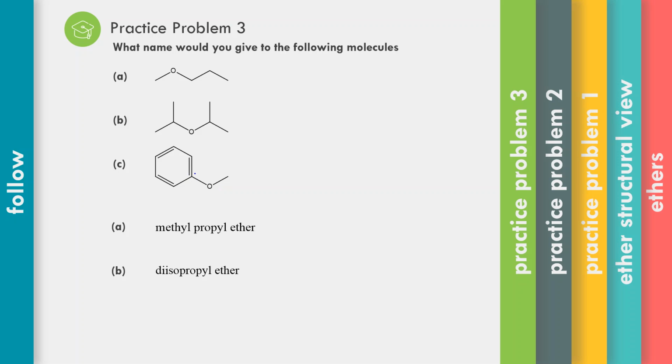And finally, we get a chance to see a phenyl or benzene ring, and the answer is methyl phenyl ether. Let me just tell you that the way to see this formula is also having a CH3 group on this side, and sometimes you actually have Ph.